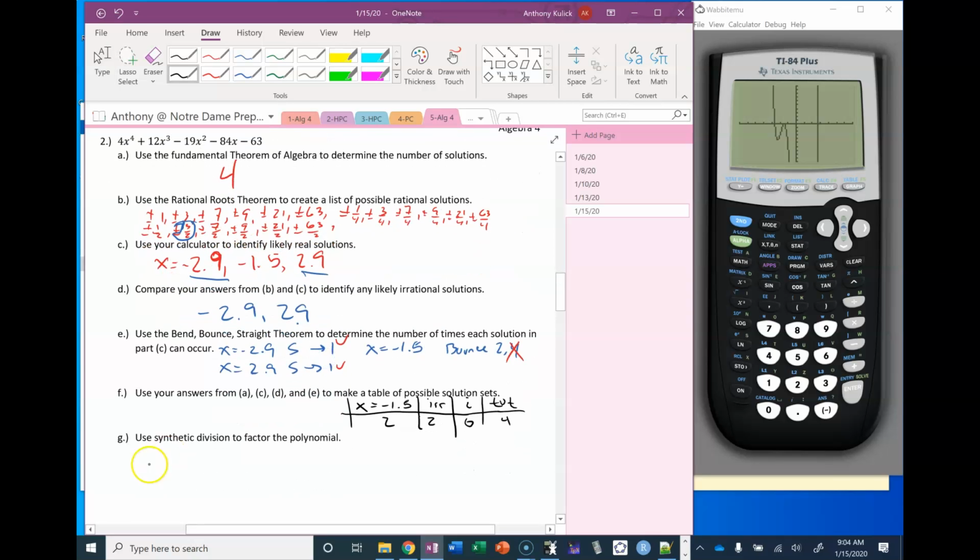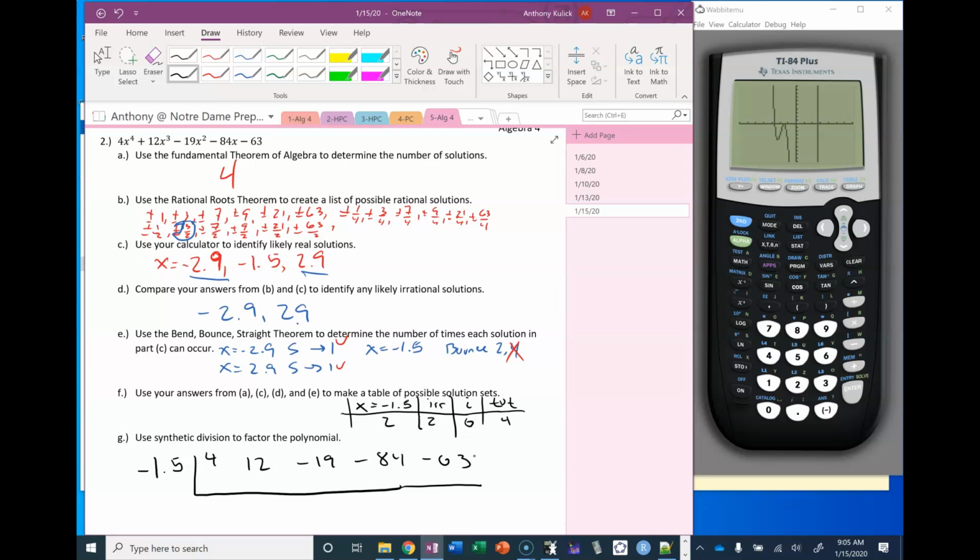So when I start my synthetic division, I have only 1 candidate to use. That's negative 1.5. Everybody okay there?